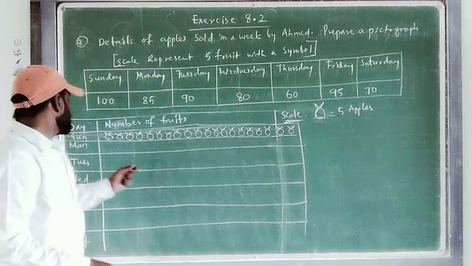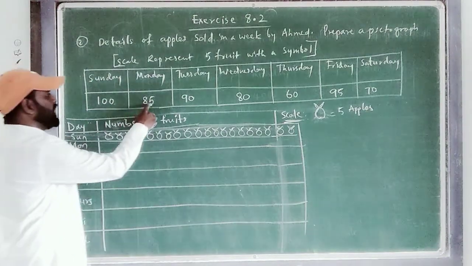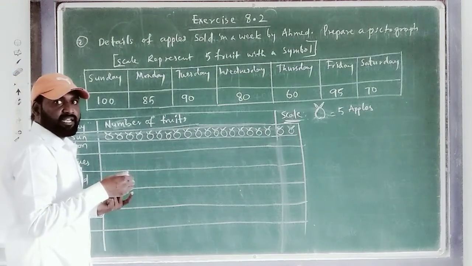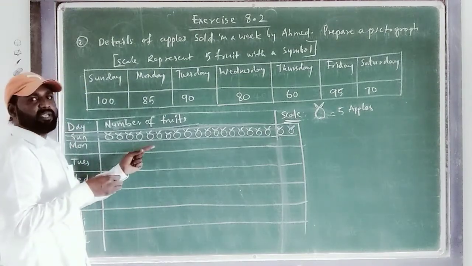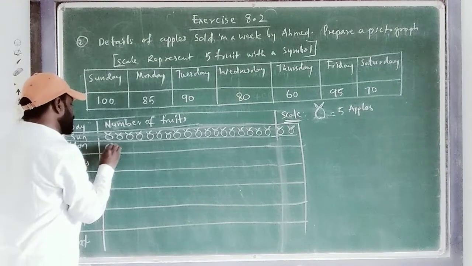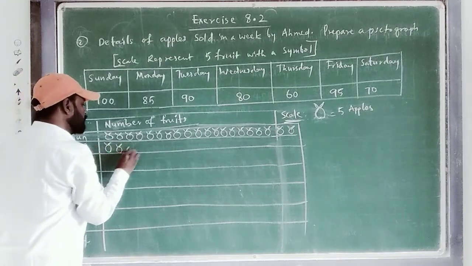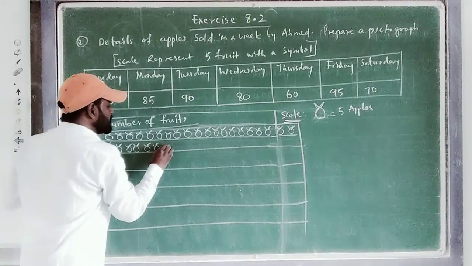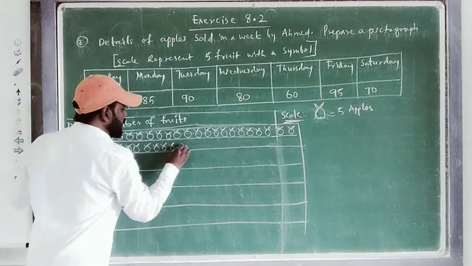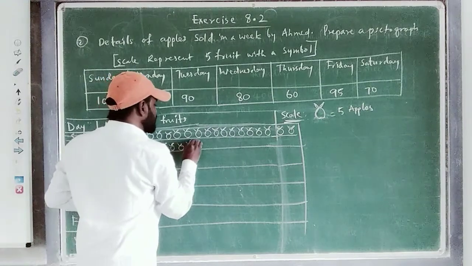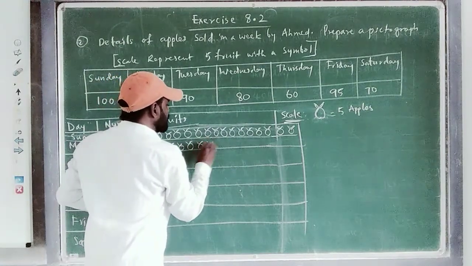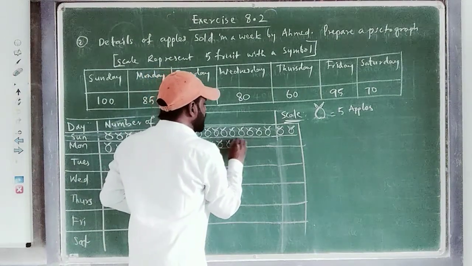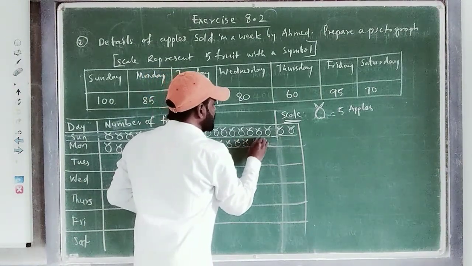Like that. Okay. Next Monday. Monday means 85. So 85 means 5, 17 times. If you draw 17 pictures, it will be equal to 85. So 1, 2, 3, 4, 5, 6, 7, 8, 9, 10, 11, 12, 13, 14, 15, 16, 17.